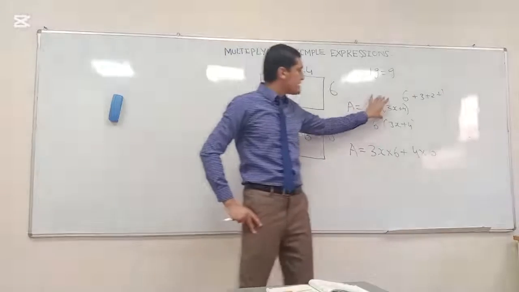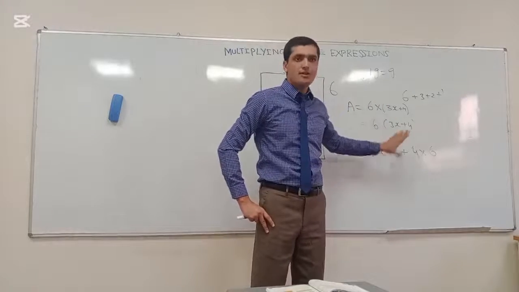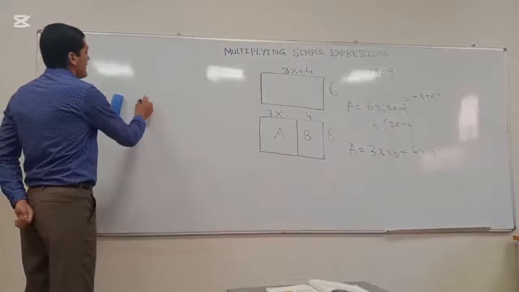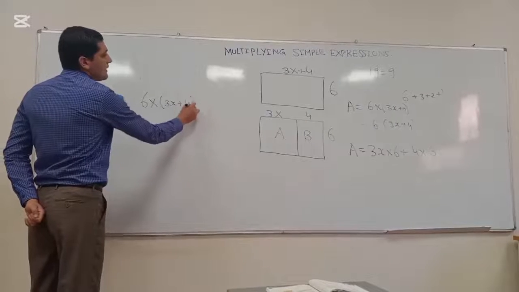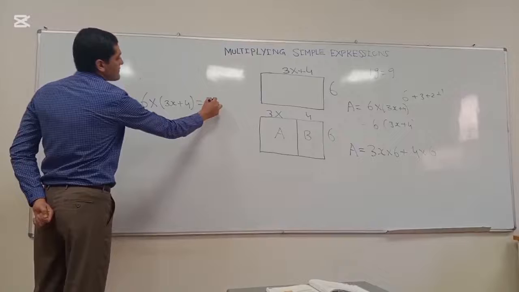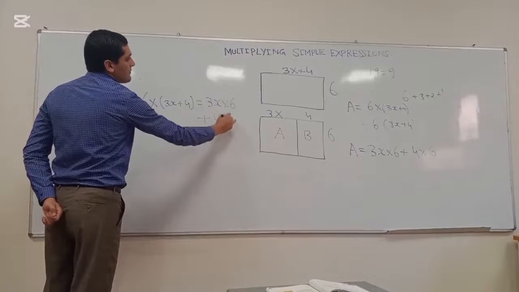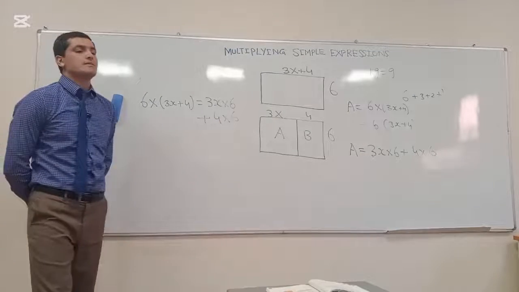It means this thing and this thing will be equal to each other. You understand this or not? So let me write this. 6 multiplied by 3x plus 4 is equal to 3x multiplied by 6 plus 4 multiplied by 6. It's a beautiful result.